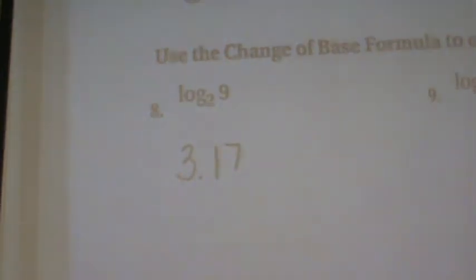So you get 3.17. Now, if you have the old graphing calculators, you would type log of 9 divided by log of 2. That's the change of base formula. Questions on 8?